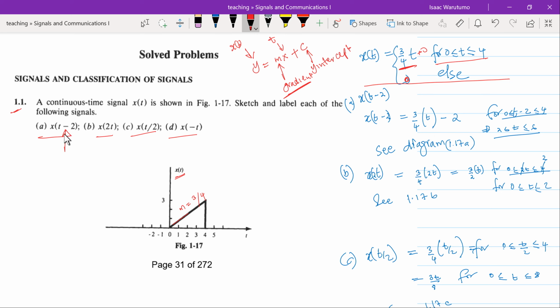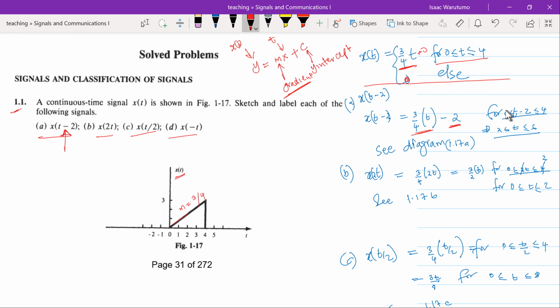What we observe is that this is a time-shifted version of our function. Therefore, the gradient is not going to change, but our y-intercept is going to change, and we introduce our change, which is negative 2. Our range will also change, because you are just replacing our t with t minus 2.